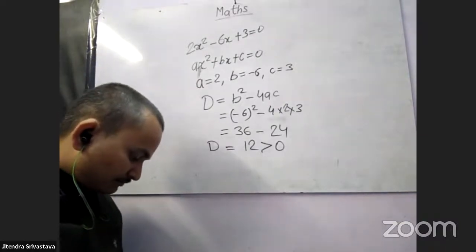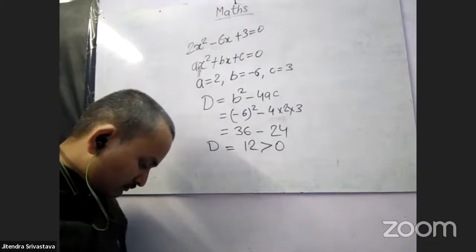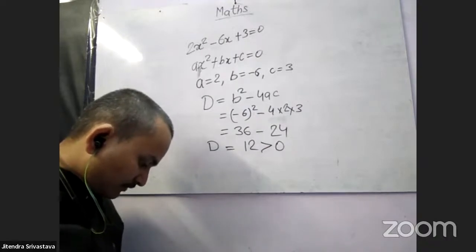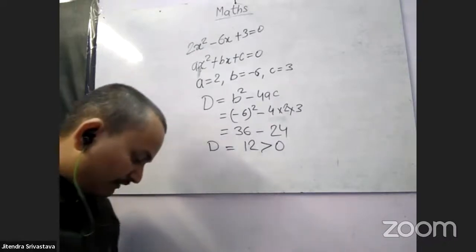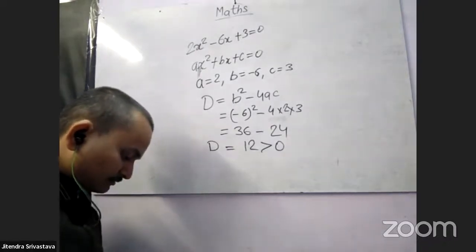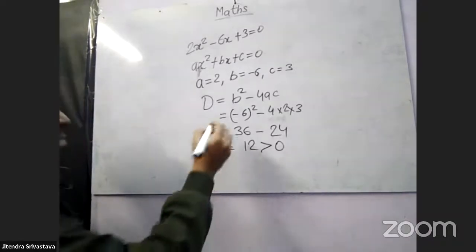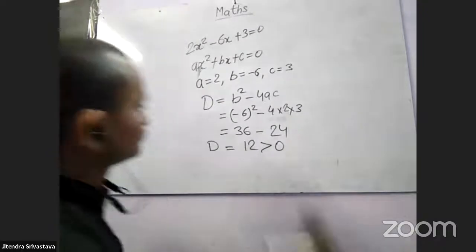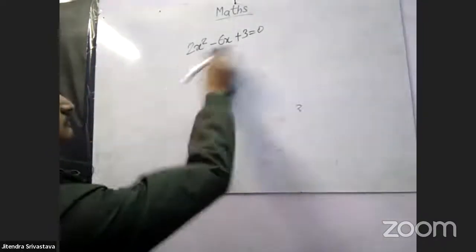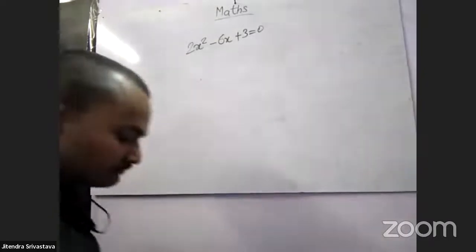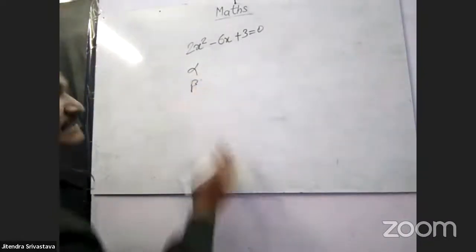Now what will we find out? We will find out the roots of this question. How will we find them? Alpha and beta, or you can say x.